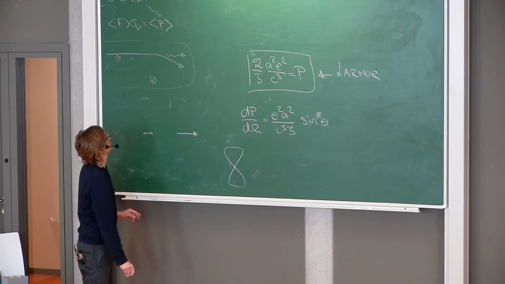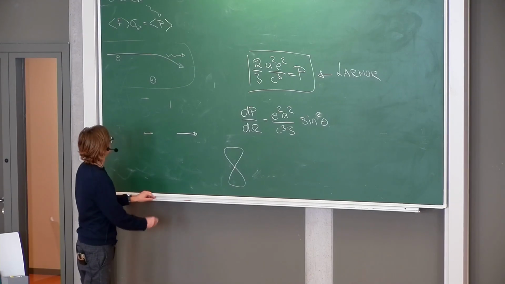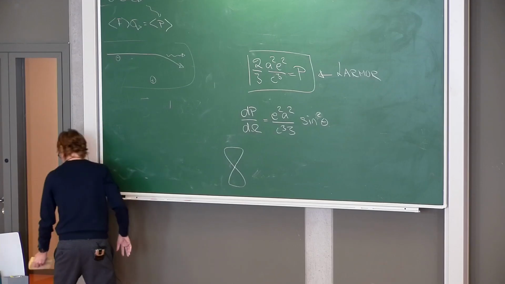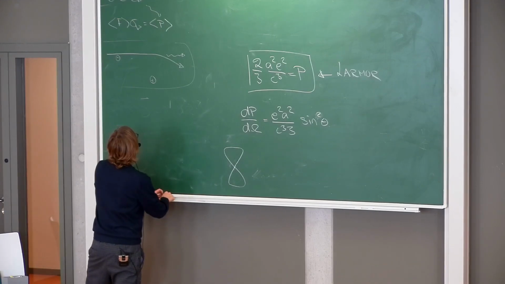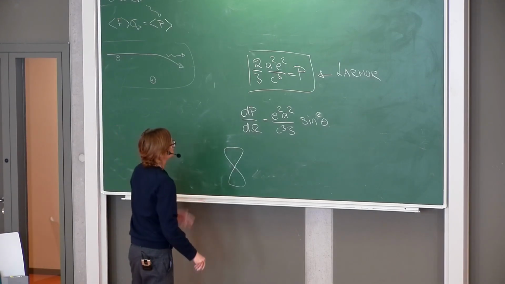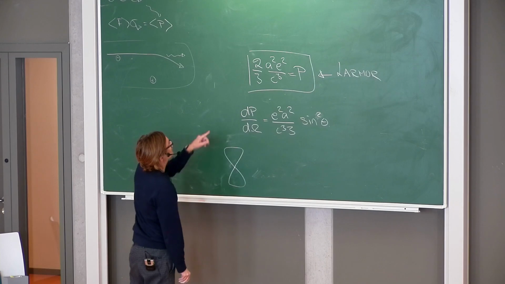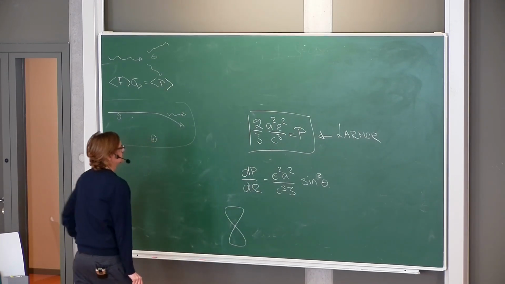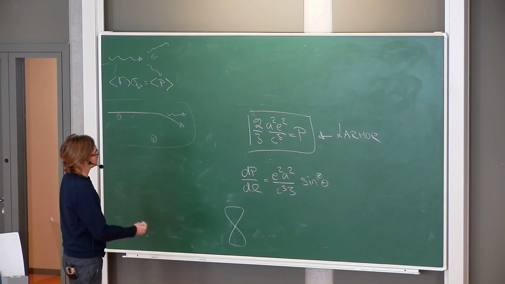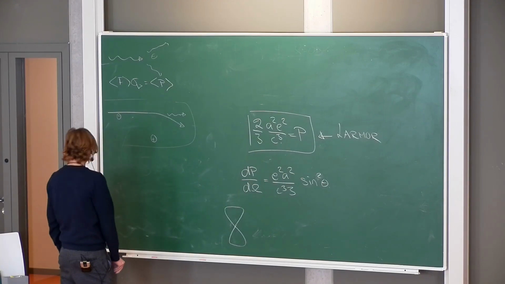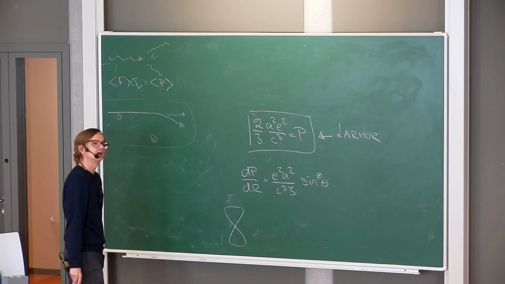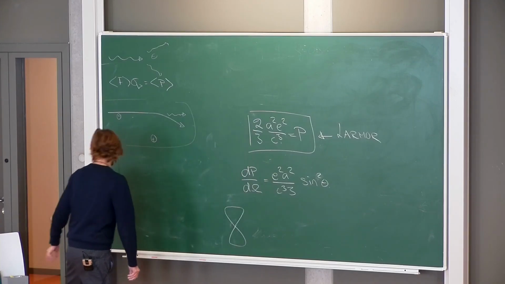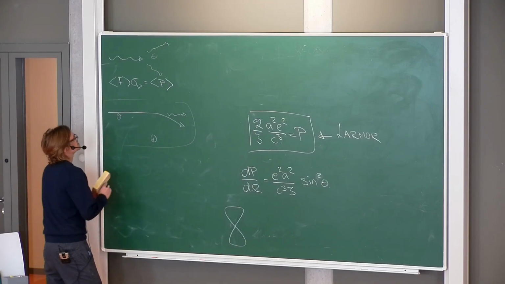I wanted also to make one final comment about this, and that is that, of course, we derived this Larmor formula for a point source, but it is possible to generalize it to a collection of charges.